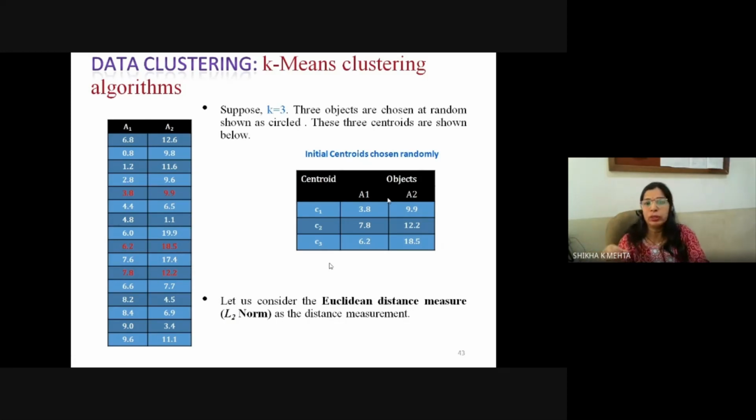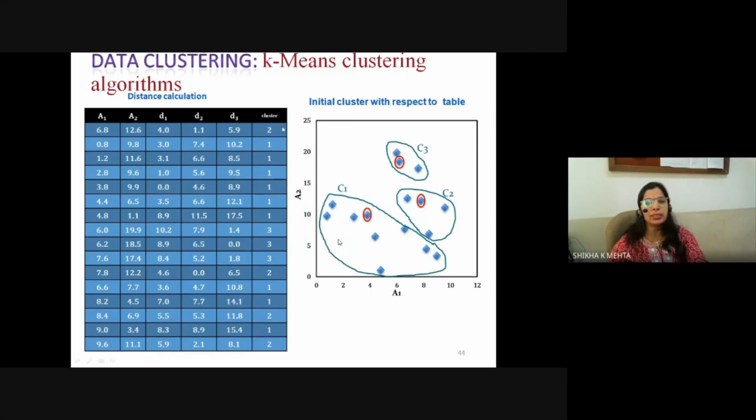These are the attribute values of these centroids. Now we are going to use the Euclidean distance measure, that is the L2 norm, as the distance measure. We compute the distance of all the data points in this data with all three centroids. Here you can see this is the distance matrix.